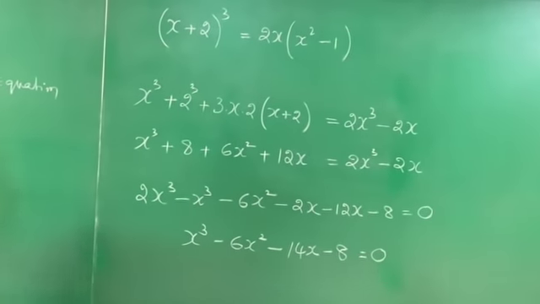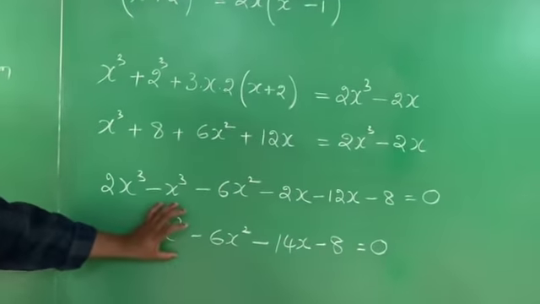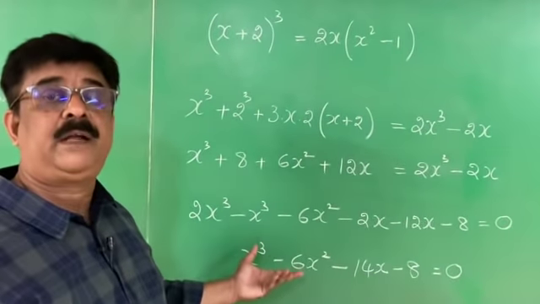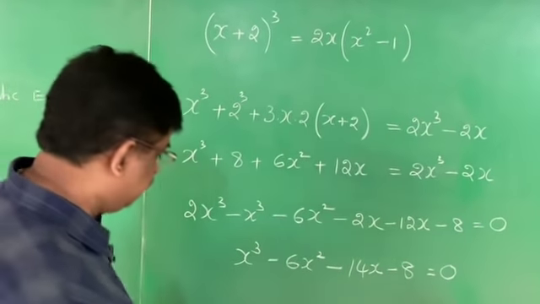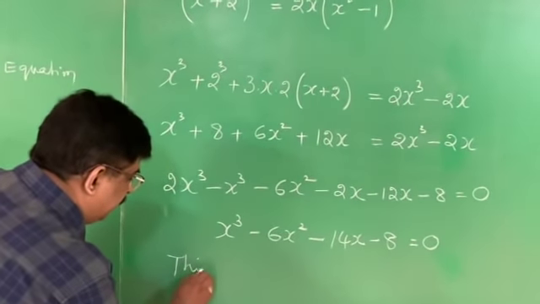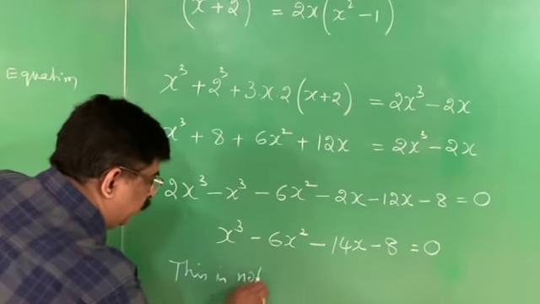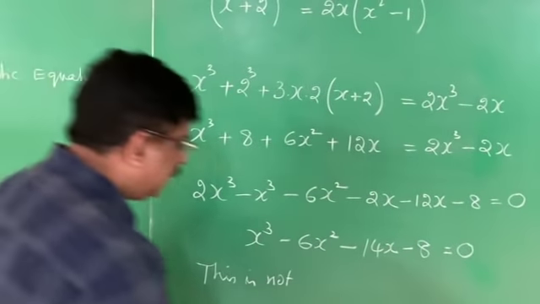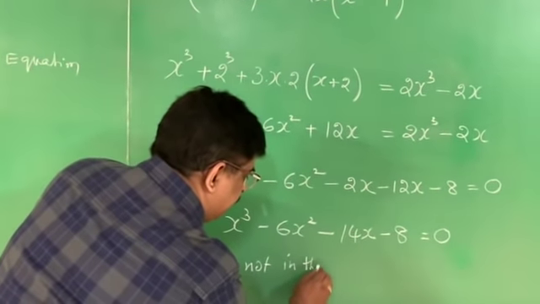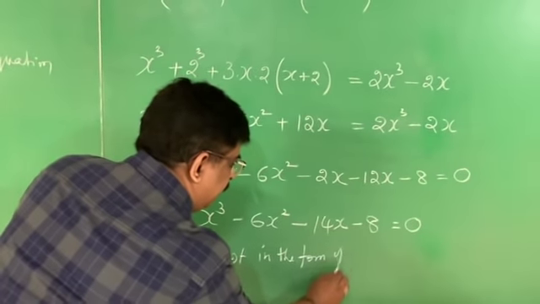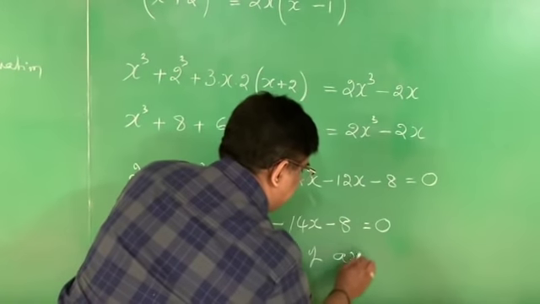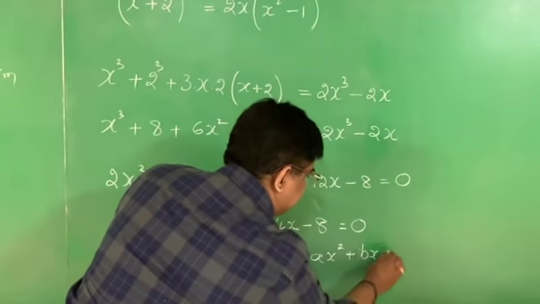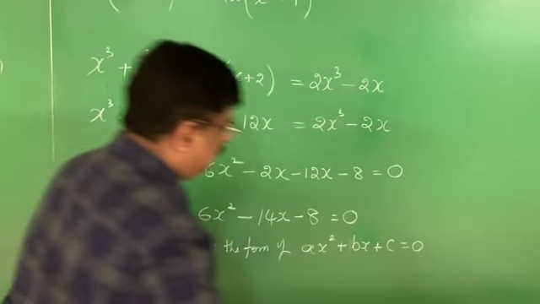See this equation. Here x cube is there. Since x cube is there, it cannot be a quadratic equation, it becomes a cubic equation. No doubt x square is there, but x cube is also there, therefore it is not in the form of ax square plus bx plus c is equal to 0.